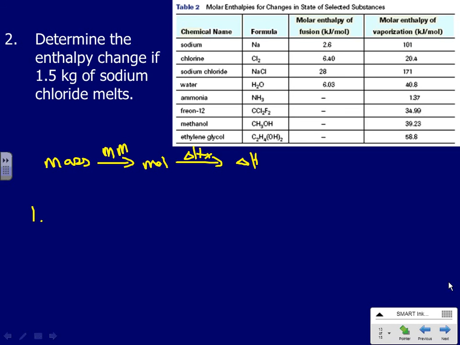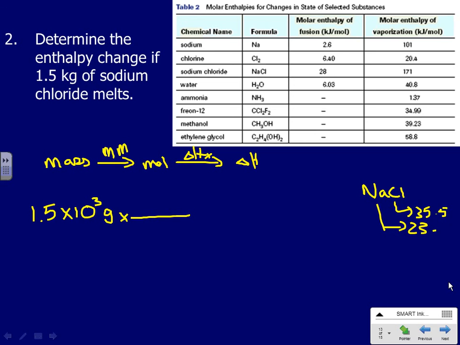Let's get rid of the kilo. 1.5, what am I turning the K into? Times 10 to the 3 grams times 35.5, 23, 58.5.